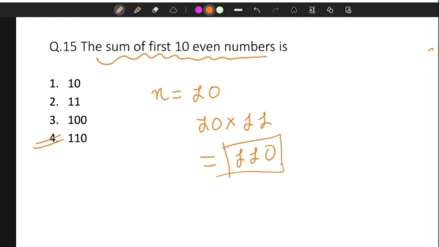And one more thing I would like to recommend to you guys is, make a formula notebook. Make a small notebook in which you write small tricks, small tips, or certain shortcuts that I am sharing here, so that before the examination, even one day before, you can simply revise through that formula book.